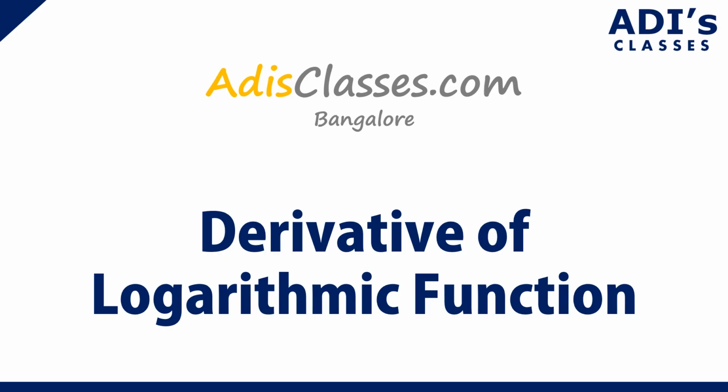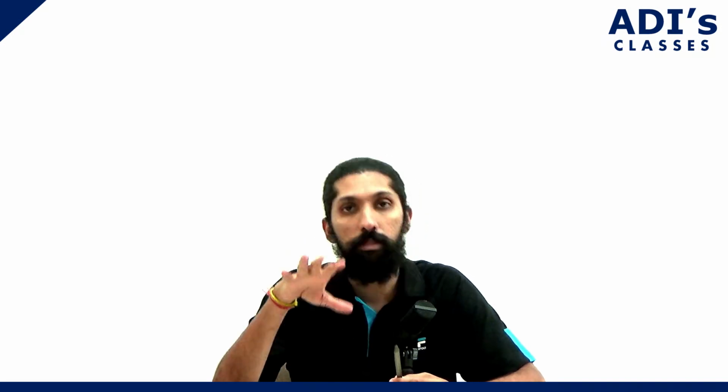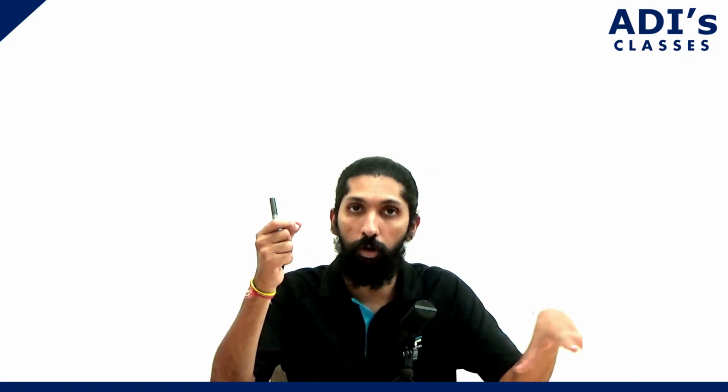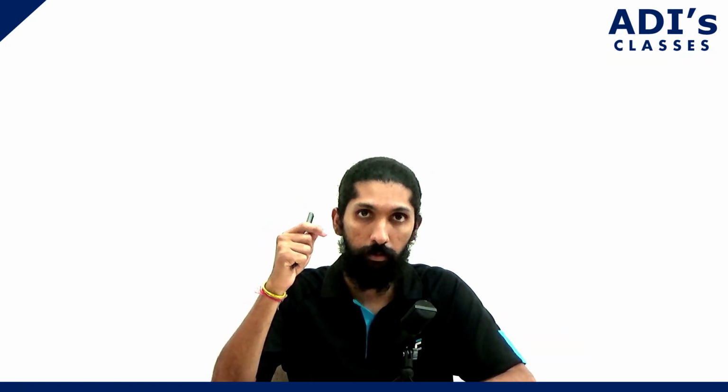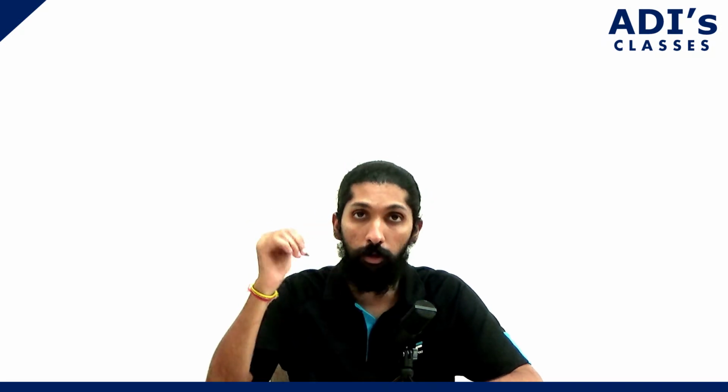In this video, let's discuss how to differentiate using logarithmic functions. When I say logarithmic functions, I mean the properties of a log that we have discussed. First, you need to understand the derivative of a log function.